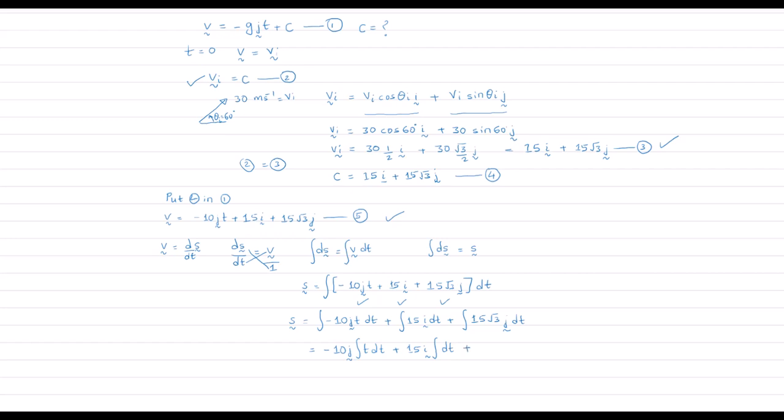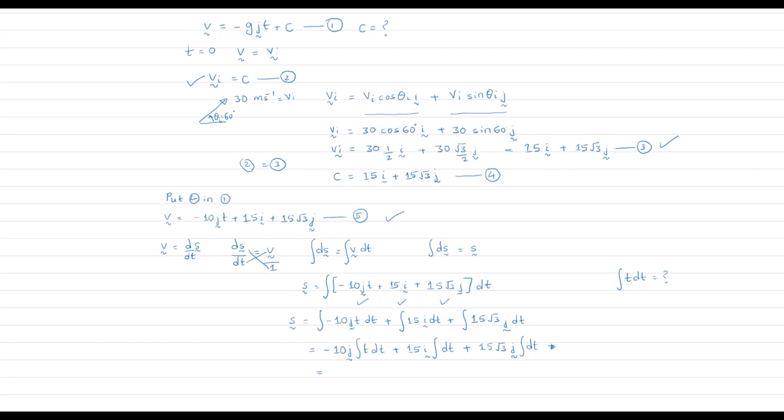Plus in the last term, 15 root 3, which is a constant, will be out, and then j will be out, and dt.